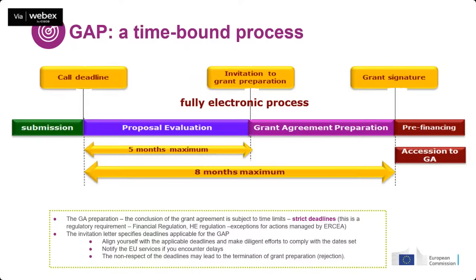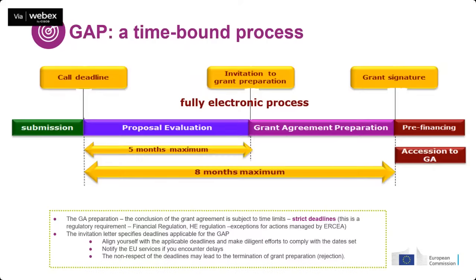It is a very complicated and difficult to manage process, because the evaluation is a large part of that time. It usually takes up to 5 months. And this leaves us, from the moment we send the letter, with approximately 90 days, so 3 months, to do the grant agreement preparation.